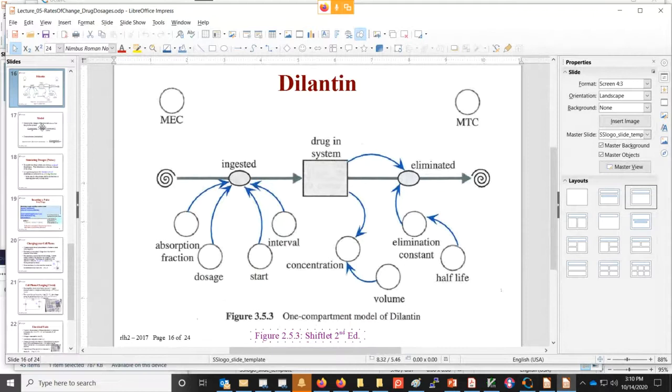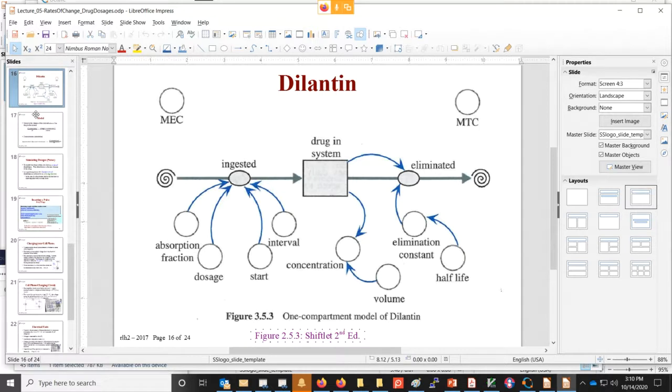We have the elimination constant, which includes the half-life of the drug, how long the drug lasts, because the drug just starts breaking down when it's in your body anyhow. So that's the half-life, and that's part of the elimination constant.